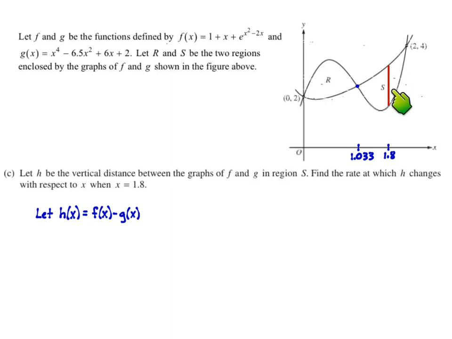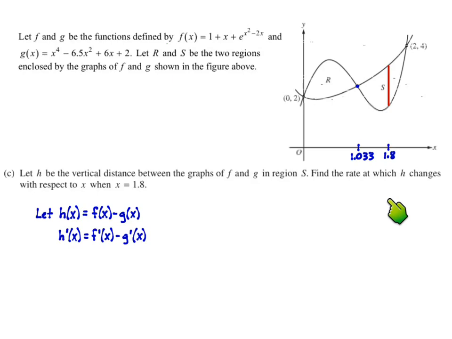If I move my line a little bit further, that length is going to get shorter and shorter. So the length is changing, which means the rate at which it's changing is going to be the derivative of it. So we take the derivative of h with respect to x. So we get h prime of x equals f prime of x minus g prime of x.